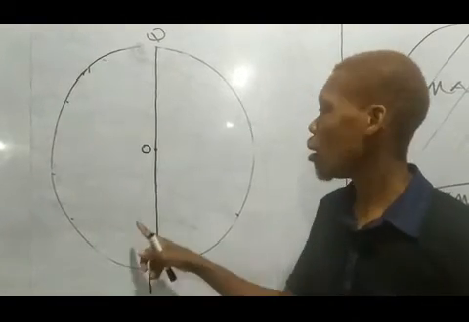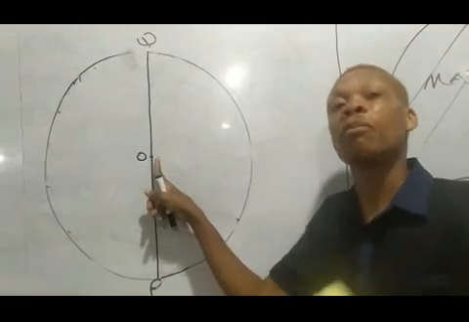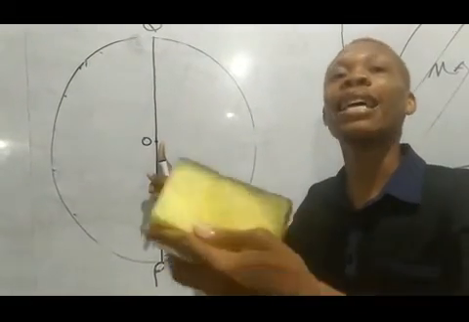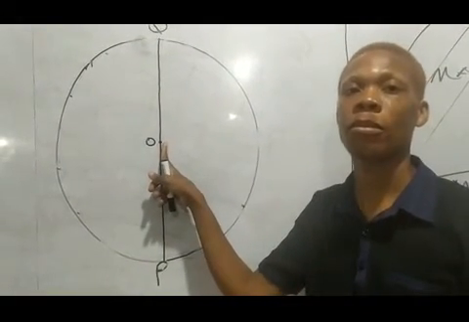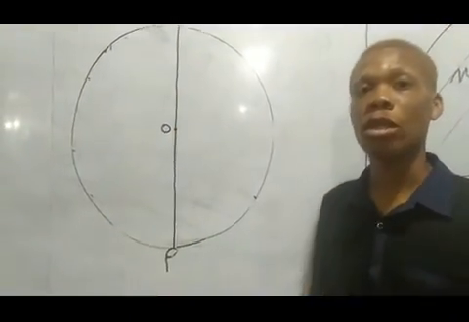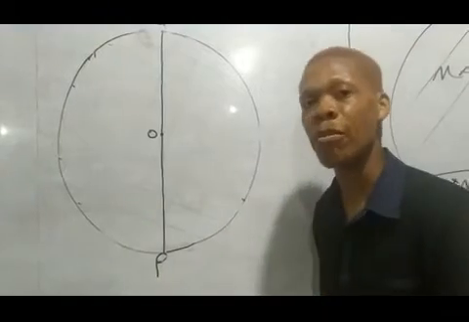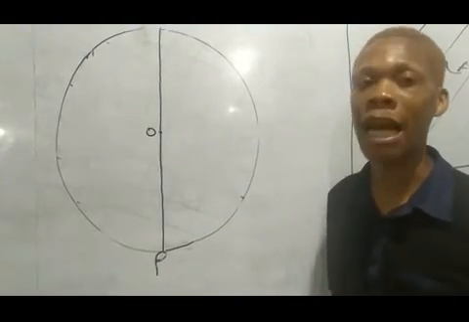However, because it is passing through the center, the name now changes to what? A diameter. So that's why we say the diameter is a type of chord. When the chord passes through the center, we change the name from chord to diameter.